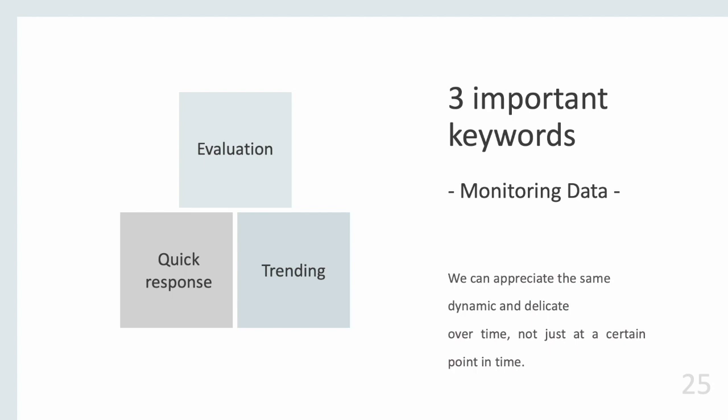Everyone can evaluate them in the same way, and their value fluctuates dynamically and sensitively. Furthermore, it has the advantage of being able to be evaluated over time, not just at a certain point in time. I hope you can make good use of this information so that you can better manage your ventilator.